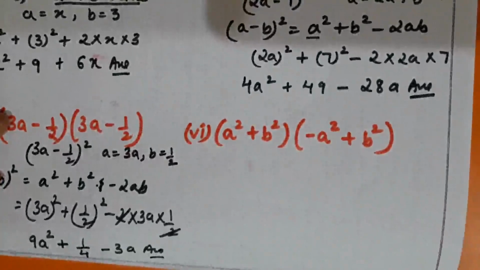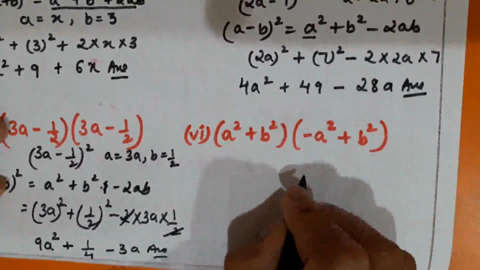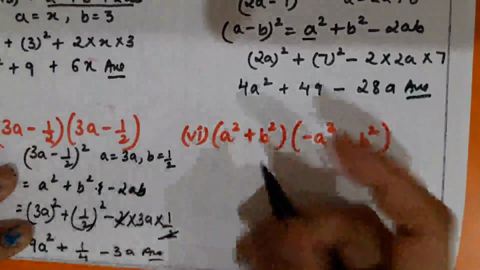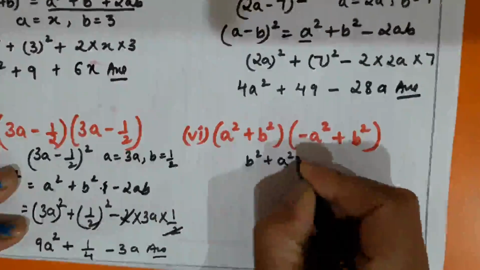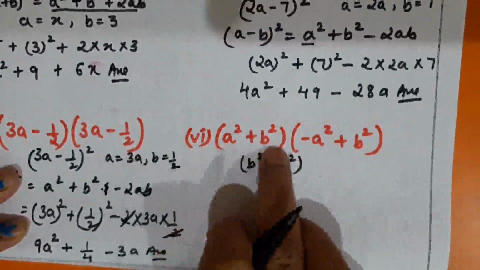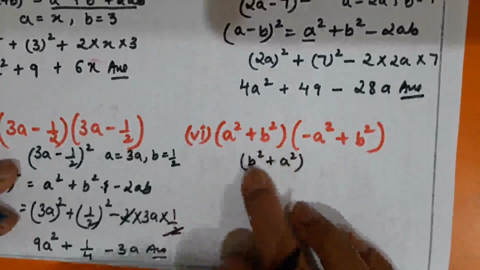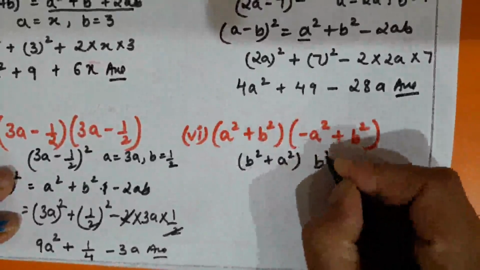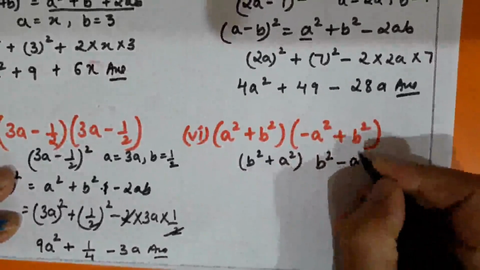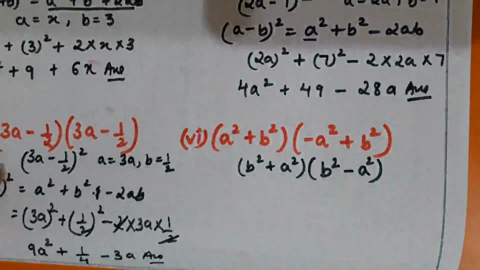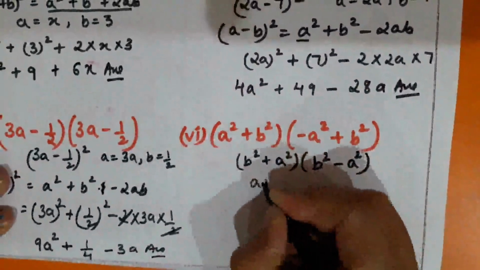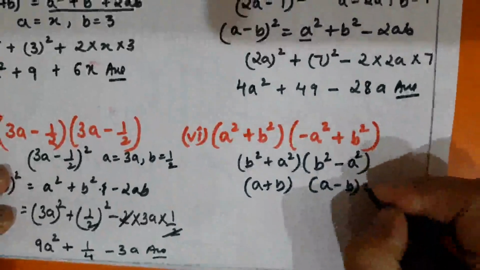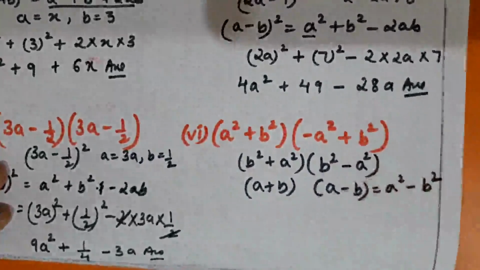Okay, now (a² + b²)(−a² + b²). So here it can become, instead of this we can write b² + a². I'm swapping the values. Instead of a² + b², I'm writing b² + a². Now again this second expression also I'm swapping. b² I'm writing first minus a². Now which identity is this? This is (a + b)(a − b), that is equal to a² − b².